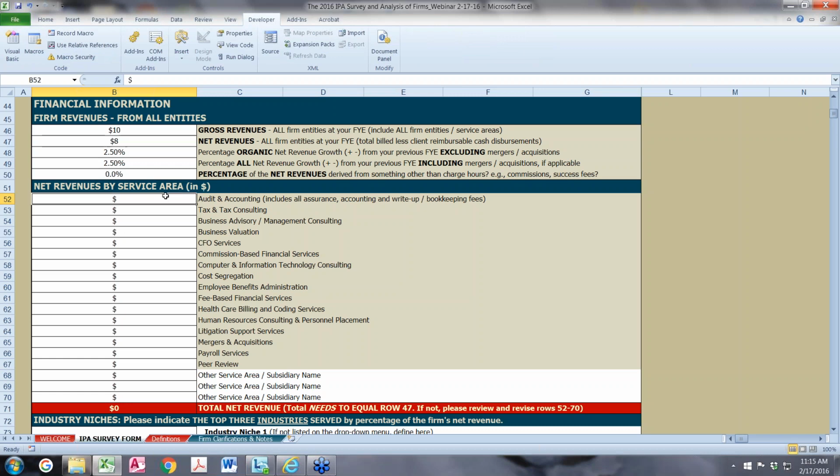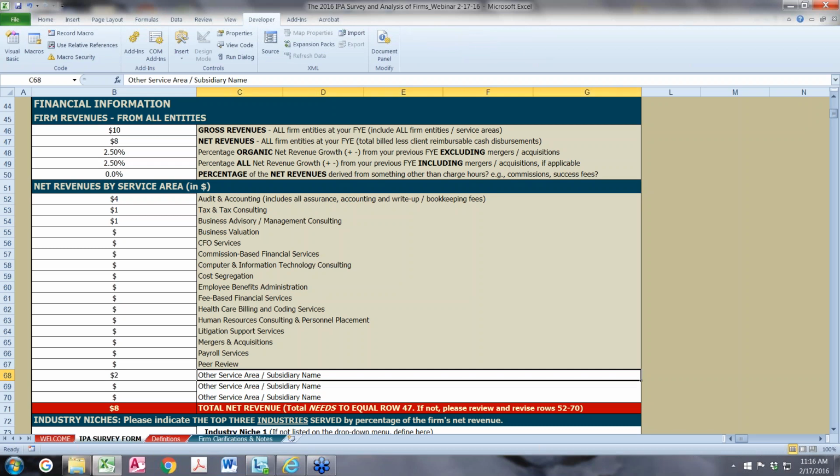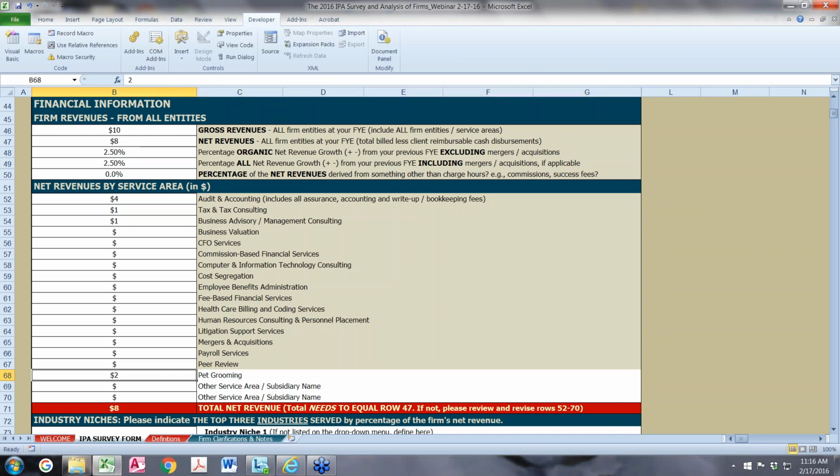If you have services that are not listed here, please enter the dollar amounts and names of the service or entity in rows 68, 69, and 70. Notice the fields in white on rows 68 through 70 in column C. This is where you can tell us the names of the other service areas.